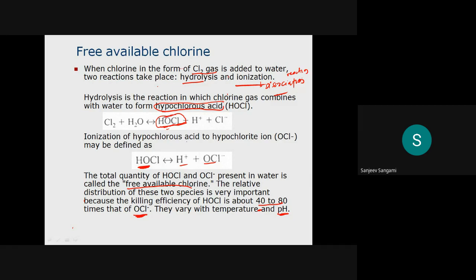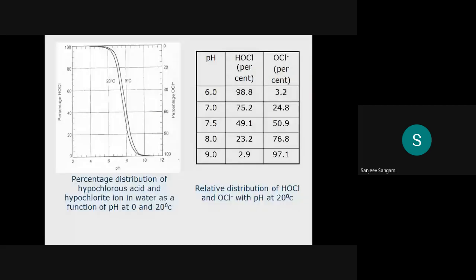These are like series reactions. If you see the percentage distribution of hypochlorous acid and hypochlorite ion in water as a function of pH at 0 degrees centigrade and 20 degrees centigrade, you can see here pH.